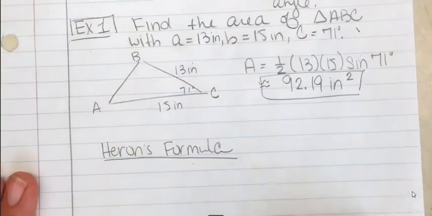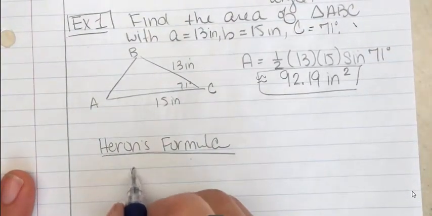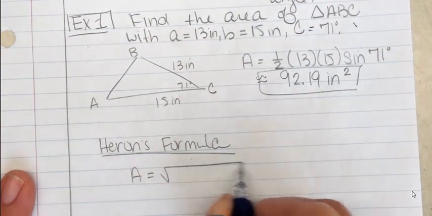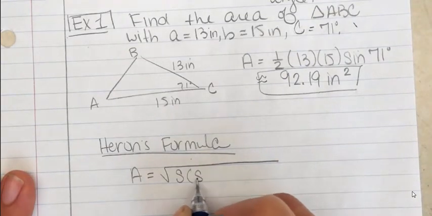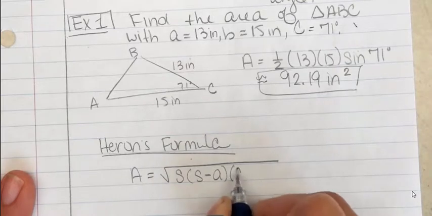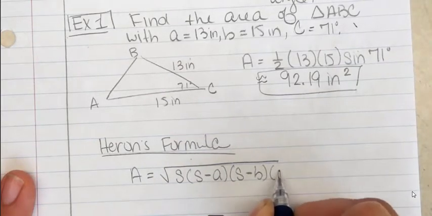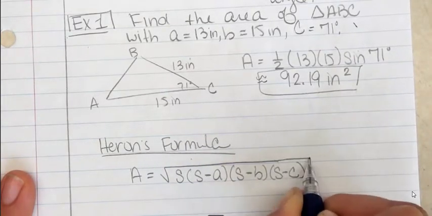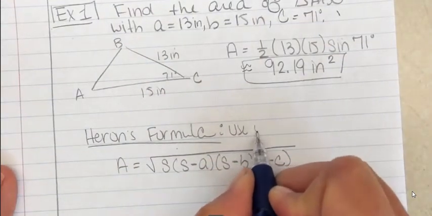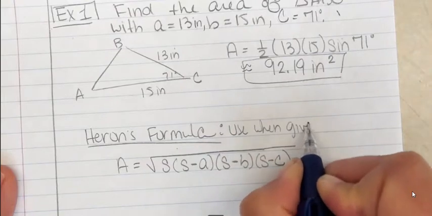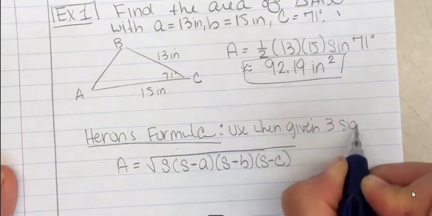Heron's formula is basically area is going to equal, and I'll explain what all this means in a second, the square root of S times S minus A times S minus B times S minus C. Okay, and use this when given three sides.